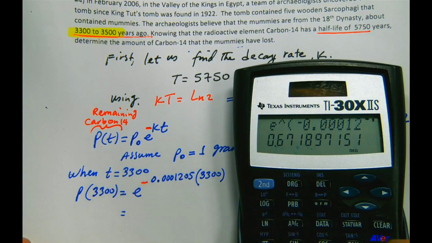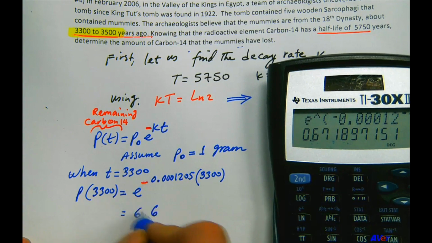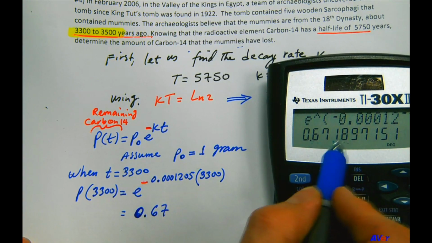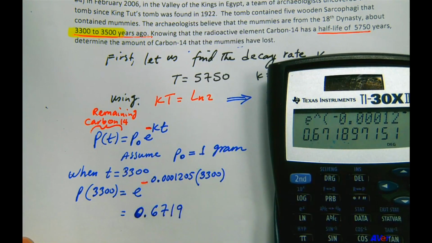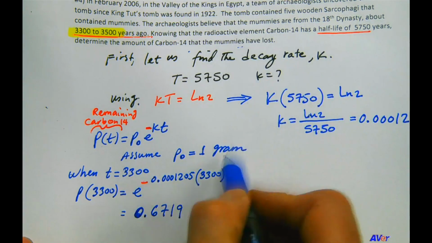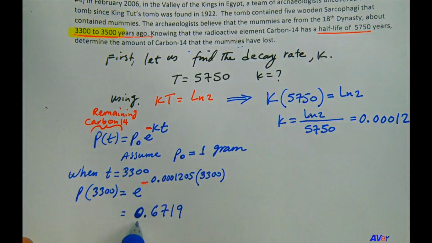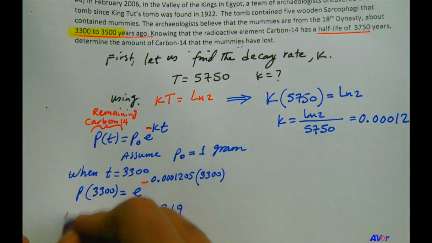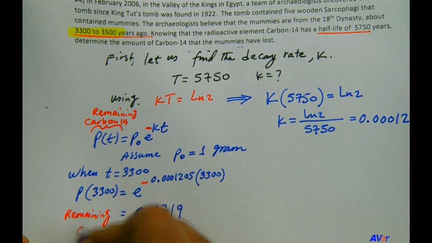All of that is 0.67, let me round this 8 to 9, 0.6719. So if we started with 1 gram, P naught, this much is left. This is remaining carbon-14.